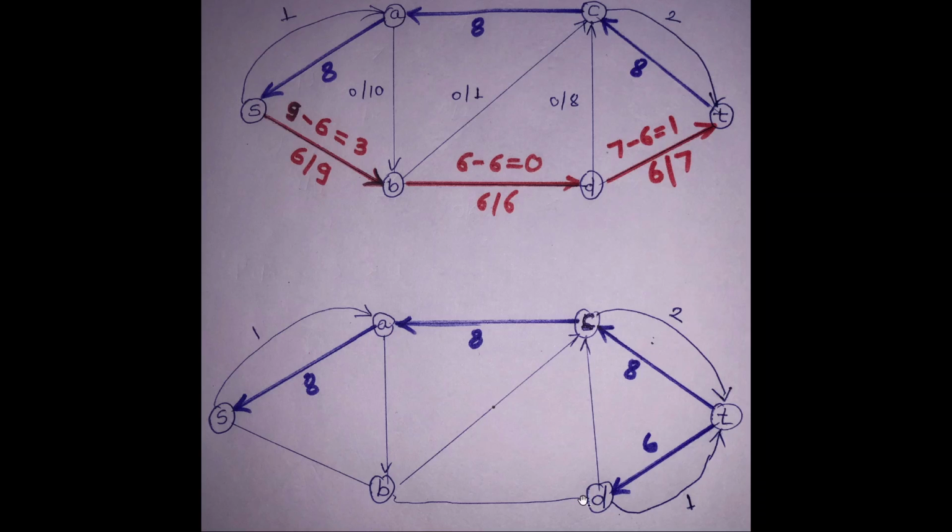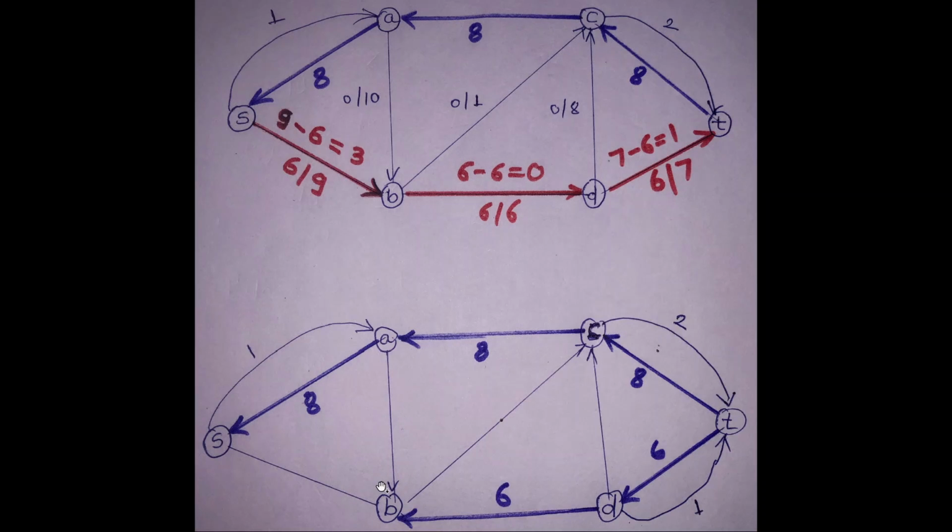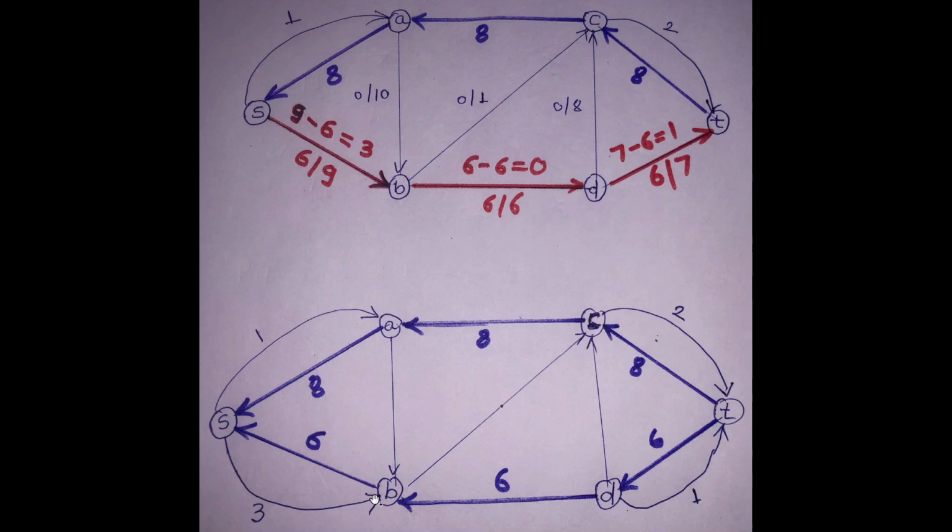Next is D to B. It is at full capacity. Because we have used all the forward capacity, there is no remaining capacity in the forward direction, but it has full capacity in the backward direction. So D to B is 6. The next is B to S. S to B has 9, out of which we used 6, so in the reverse direction 6 is there, and the remaining 3 we have shown in the forward direction.